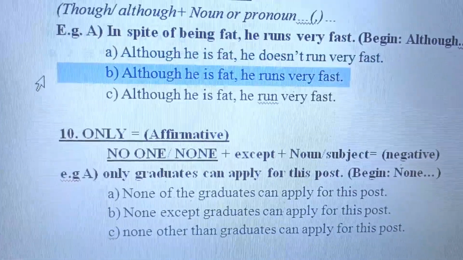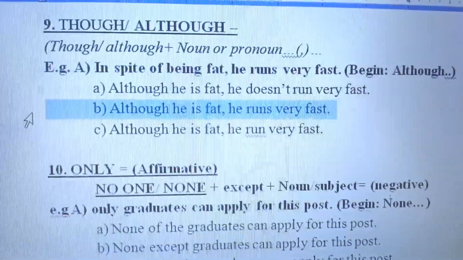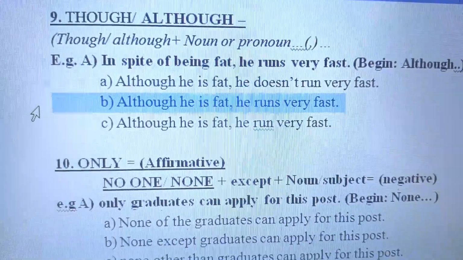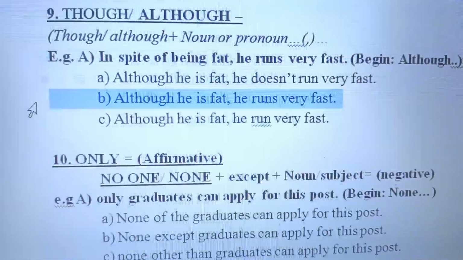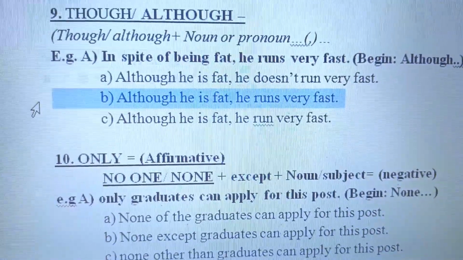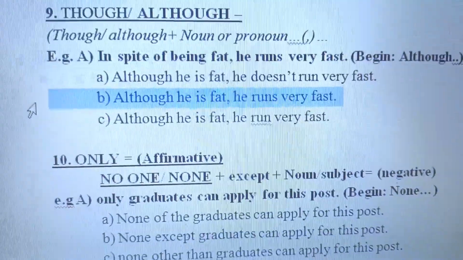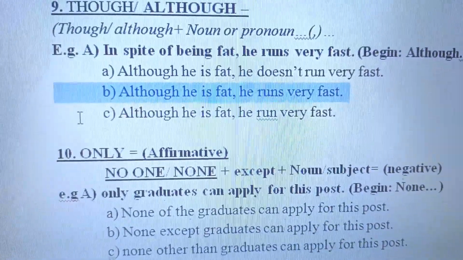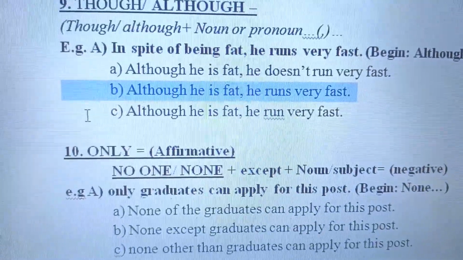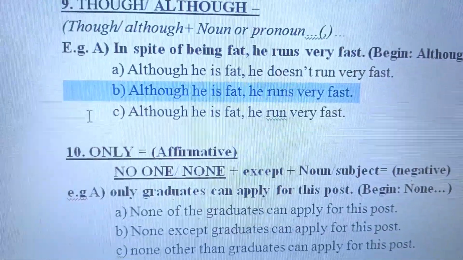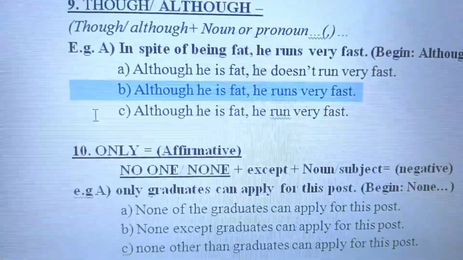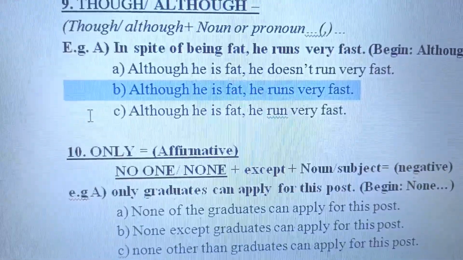In option B, although he is fat, although is there, followed by a subject, he, and on the other side he runs very fast. The correct sentence. So option B is correct. Option C, although he is fat, till the comma, it is correct. But the second part, he run very fast, is grammatically wrong. He runs very fast. So option B is correct.